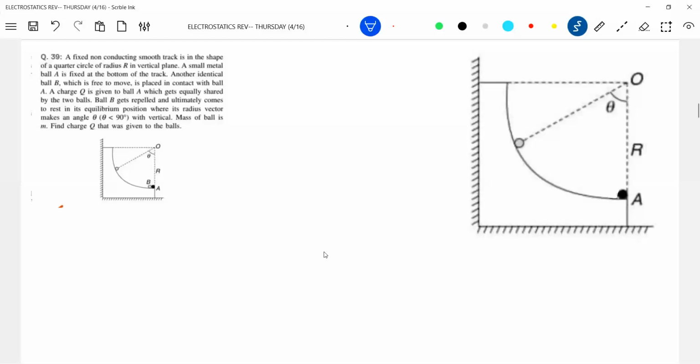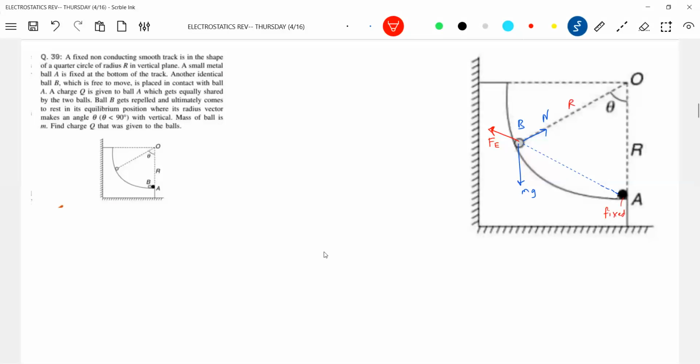The another point charge will come here. So what are the forces that are acting? Normal contact, the weight mg, and the electrostatic repulsive force. A is fixed, no? This particle is fixed, so I need not bother.